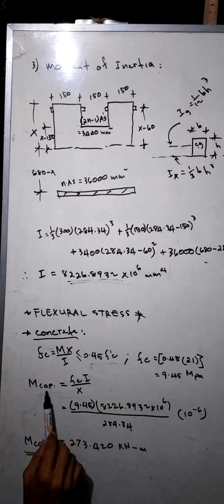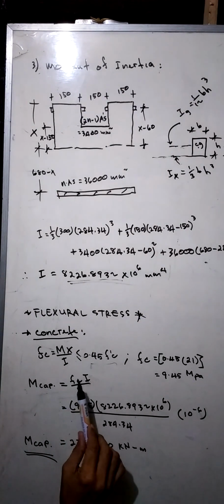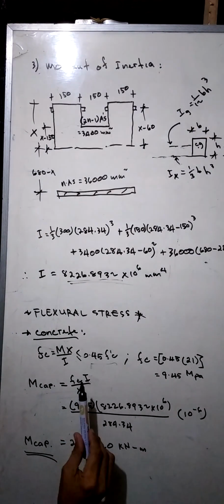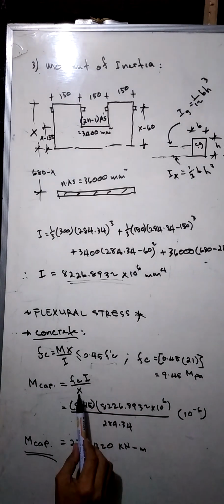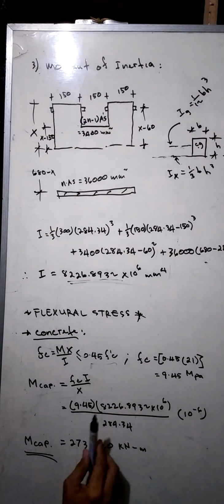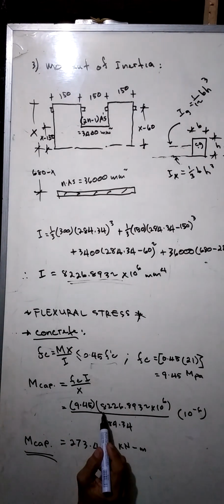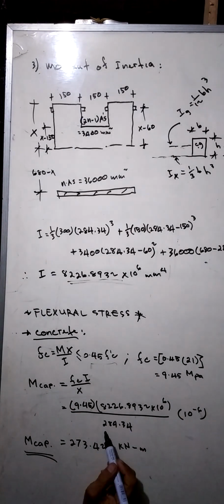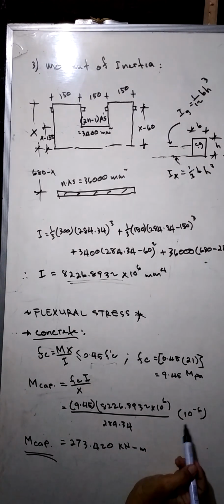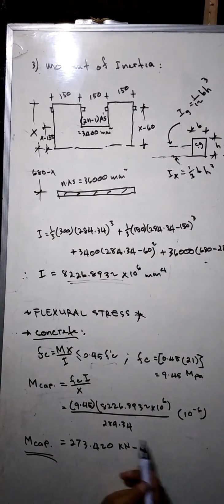So the moment capacity: FC, this is the compressive strength of the concrete, times the moment of inertia over the x, location of the neutral axis. Substituting all the values, moment of inertia and x, times 10 to the negative 6 to convert the units into kilonewton.